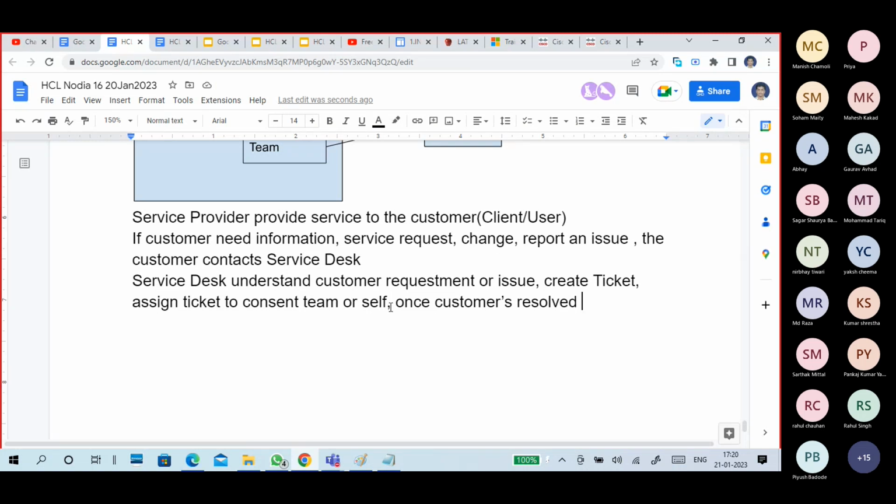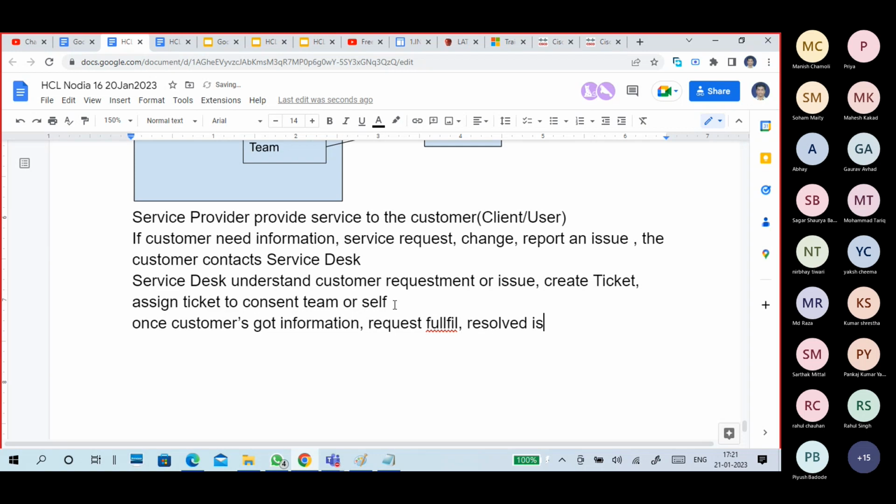Once the customer got the service back, or an inquiry, they got the information, or a request fulfilled or resolved, the service desk closes the ticket.